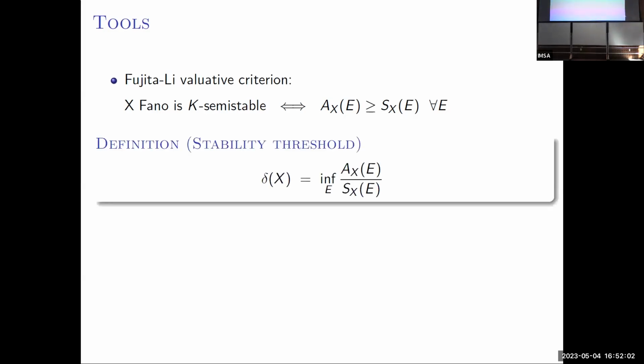There is also another very important invariant, which is called the stability threshold. This is the infimum, the delta invariant of X, of this quotient over all divisors on every birational model of X. If you want to prove that X is K-semistable, you would want to prove that this infimum is greater or equal than 1.